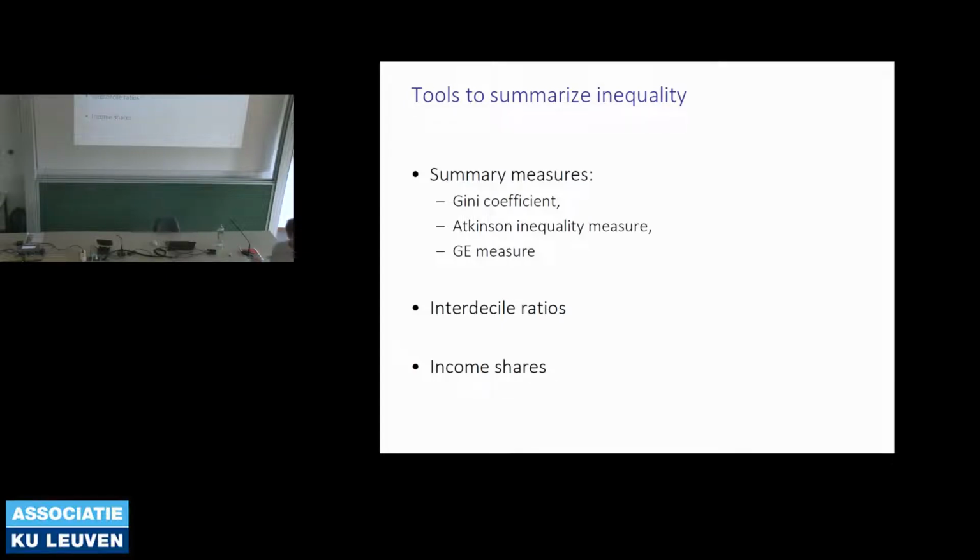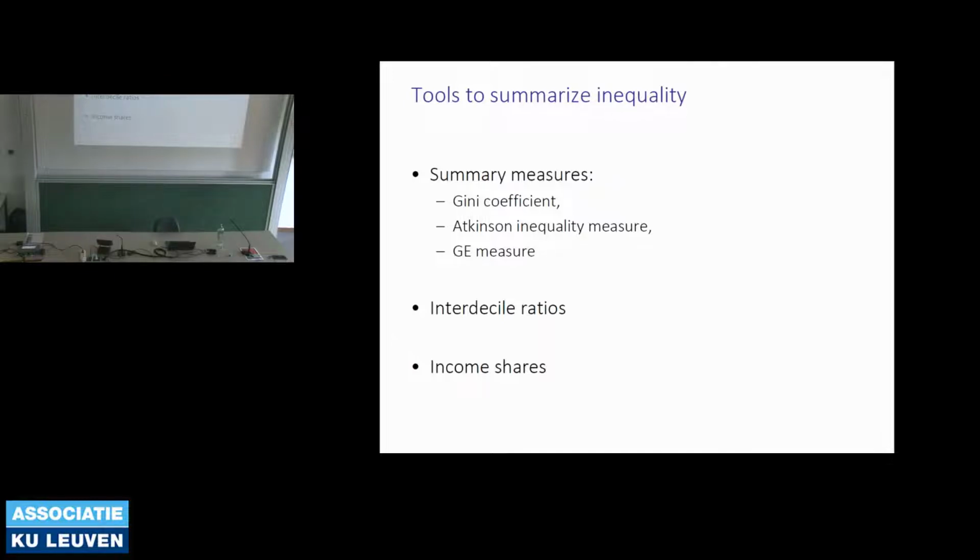André also used, for instance, a graph referring to the Gini coefficient, which is a summary measure that summarizes the entire distribution. But there's also quite some work that uses interdecile ratios. What's the ratio between, for instance, the income of somebody at the 9th decile divided by somebody at the 1st decile? So that's what I'm referring to when I talk about interdecile ratios.